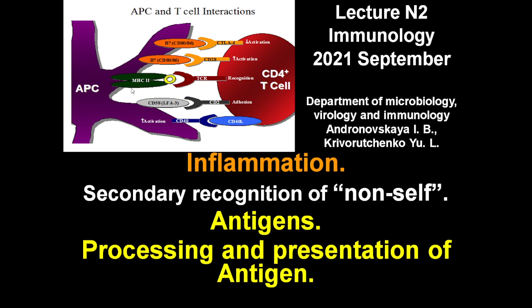In the central position, you see a circular antigenic peptide of yellow color that is presented by major histocompatibility complex type 2 protein of the green color of antigen presenting cell. This antigen is presented to T cell receptor of helper cell. Upper and lower, you see interaction of the so-called core receptors that are required to form immunological synapse that is required to initiate activation of T helper cell.